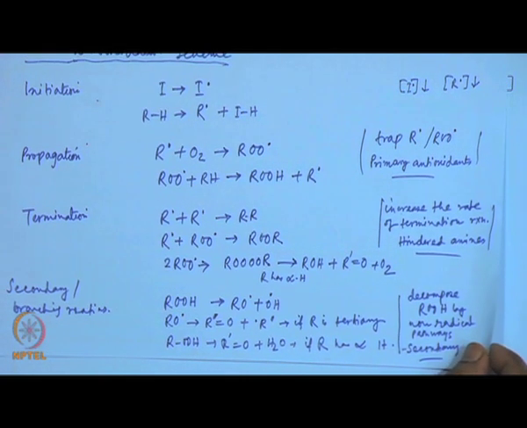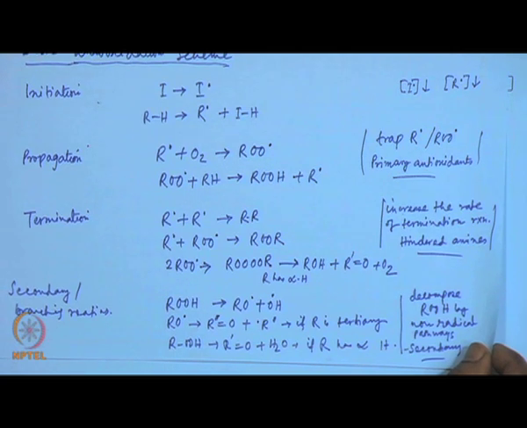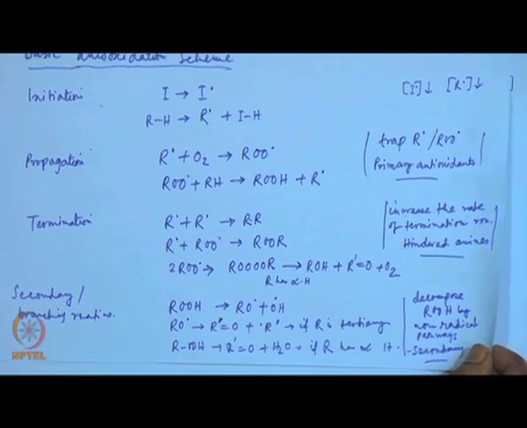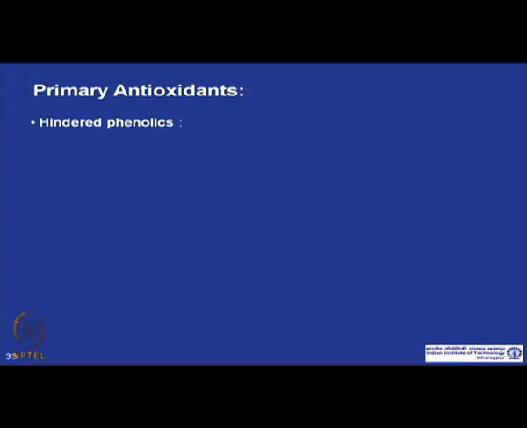So, primary antioxidants, as I just mentioned, trap these R dot and peroxy radicals, and there are several types of primary antioxidants. One is hindered phenols.